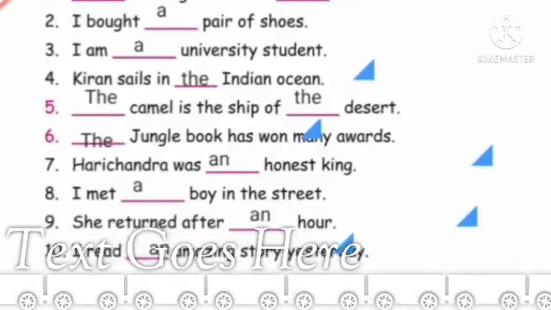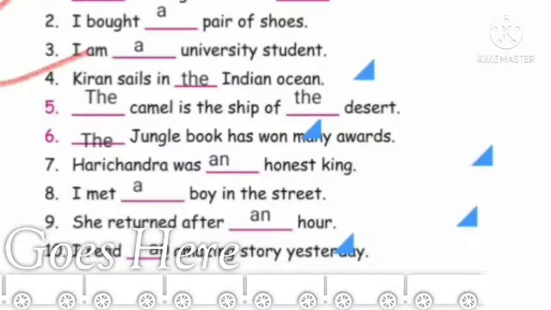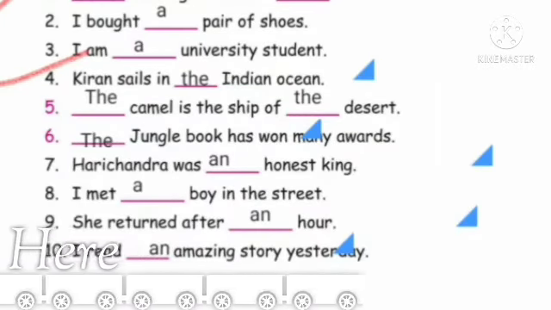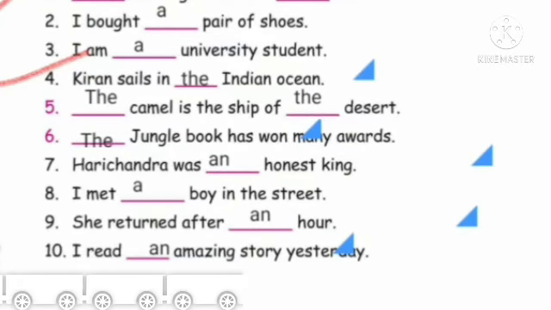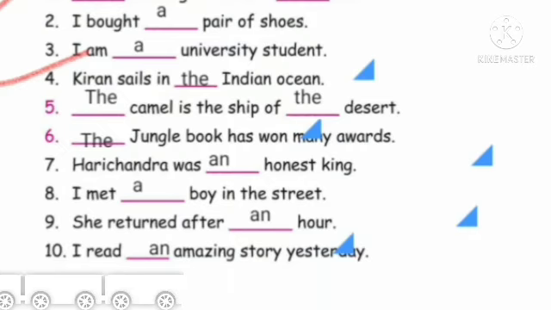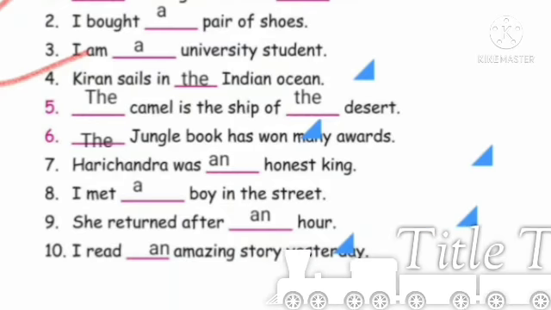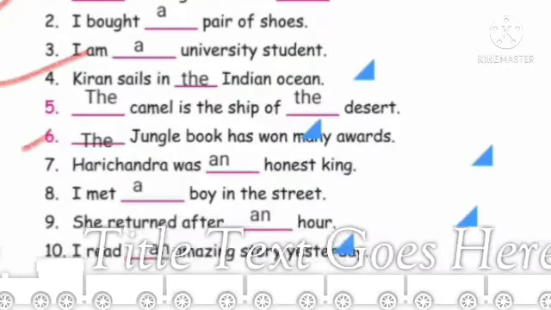Okay. And the third one is, I am a university student. The fourth one, Kiran sails in the Indian Ocean, because I have already told you that before unique things you have to use the. That's why it is the Indian Ocean, the Pacific Ocean. The camel is the ship of the desert. Now the sixth one is the jungle, the specific thing.